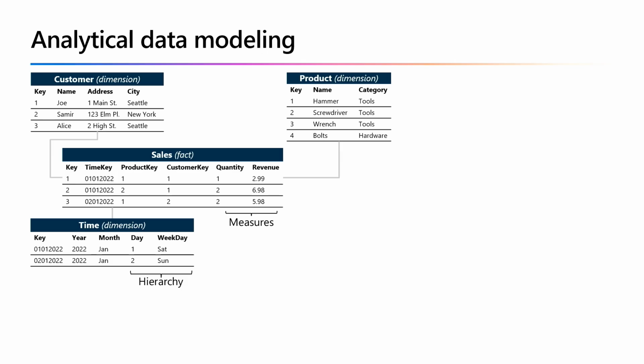With this model, you can easily aggregate sales data across these dimensions to answer key business questions. For instance, you could identify total revenue by customer or track how many units of a specific product were sold per month.